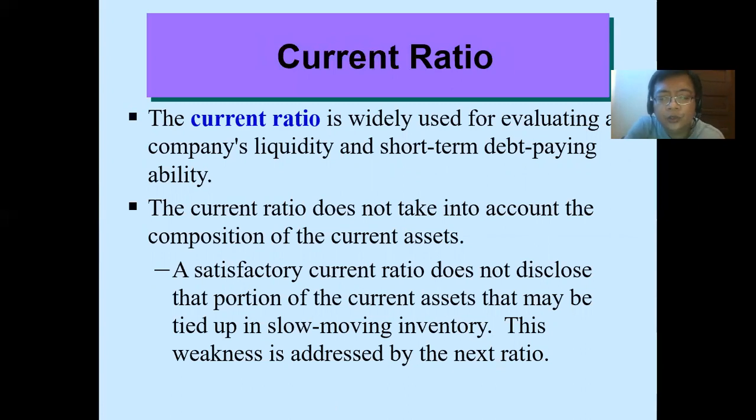That's why the current ratio does not take into consideration the composition of the current assets. Why? Because it does not disclose the portion of slow moving inventory. For example, you have so much inventory, and it is slow moving. So in reality, you have more current assets but they will not be sold.